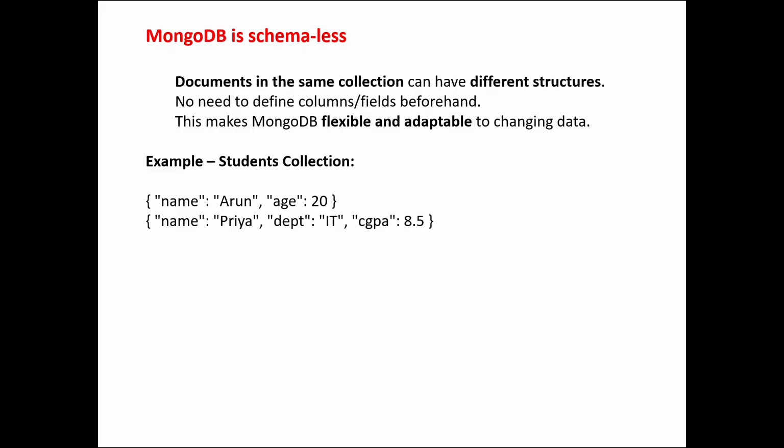Schemaless means it is flexible and adaptable to changing data. In SQL we would give only two fields for each row, but here that does not matter because we didn't predefine anything. So we have flexible documents.